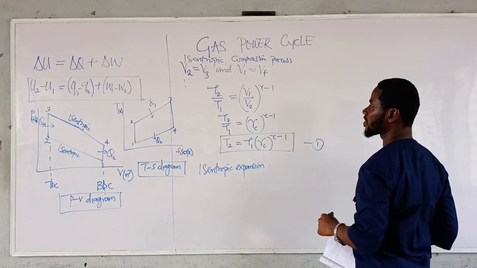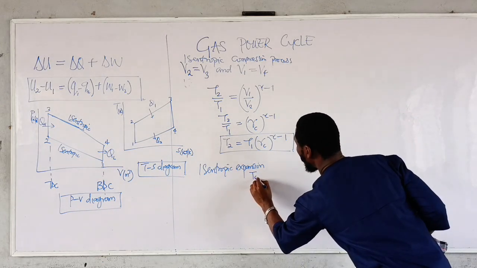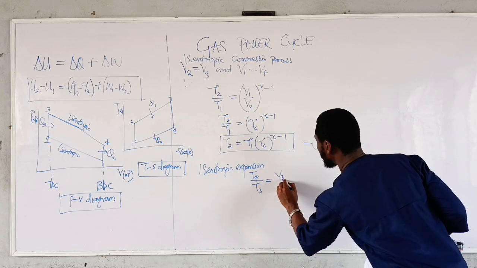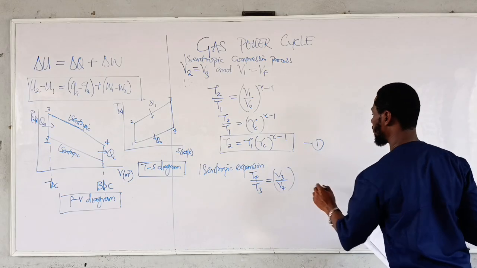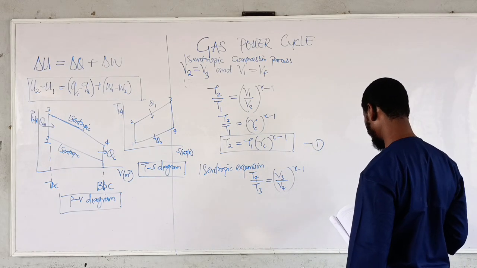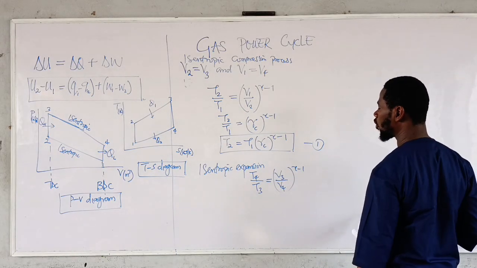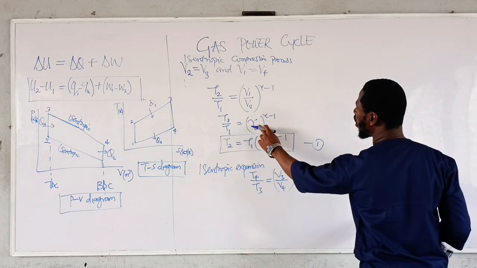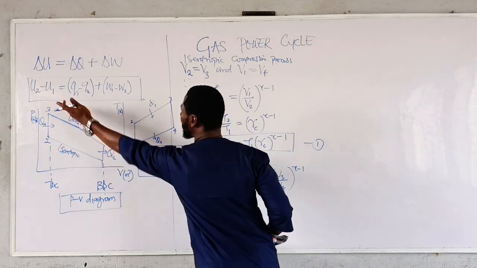we have T4 over T3 equals V3 over V4 raised to the power of gamma minus 1. At this level, we make T3 the subject of the formula. This becomes the expansion ratio. This one is called compression ratio because it compresses, and at this level it expands.